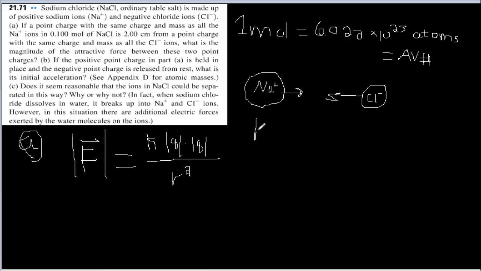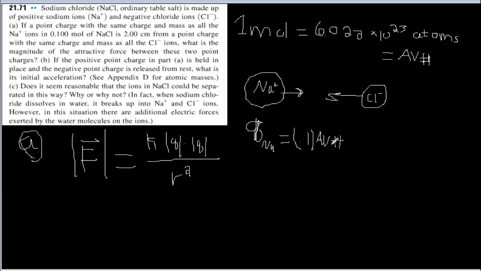So for the first point charge, Q Na plus, we'll call it, is going to be equal to 0.1 times Avogadro's number.